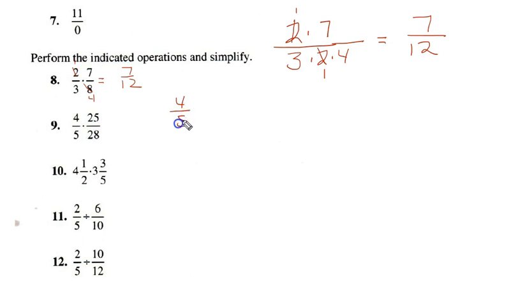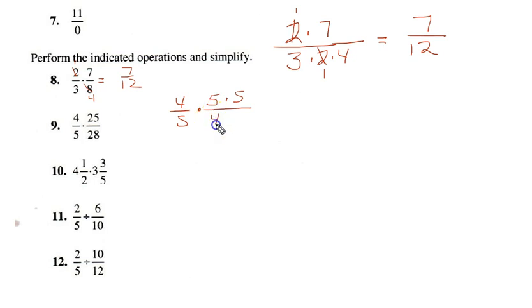4 fifths times, now notice 25 is 5 times 5. 28 is 2 times, or let's say I'm going to take a 4 out of there actually. And you're brainstorming and thinking about these things here.